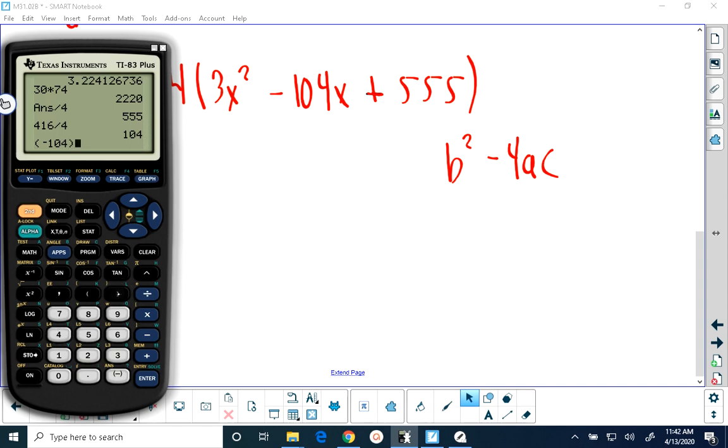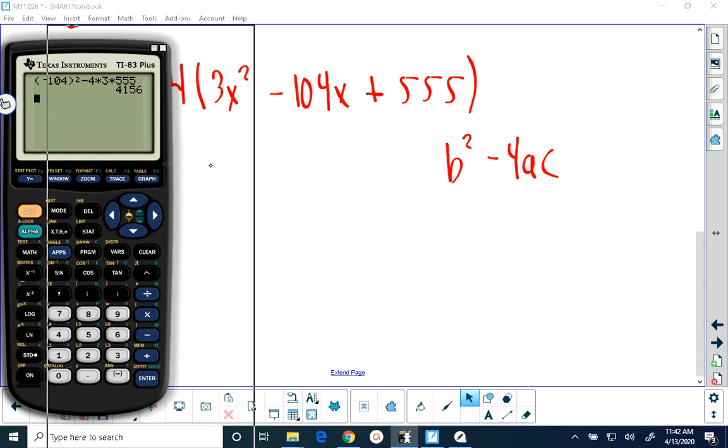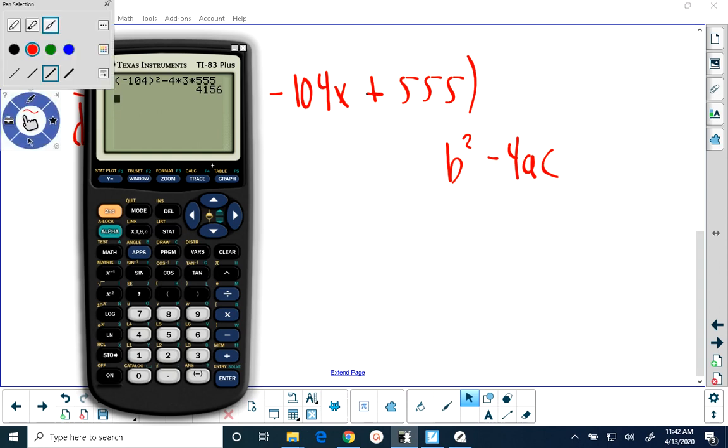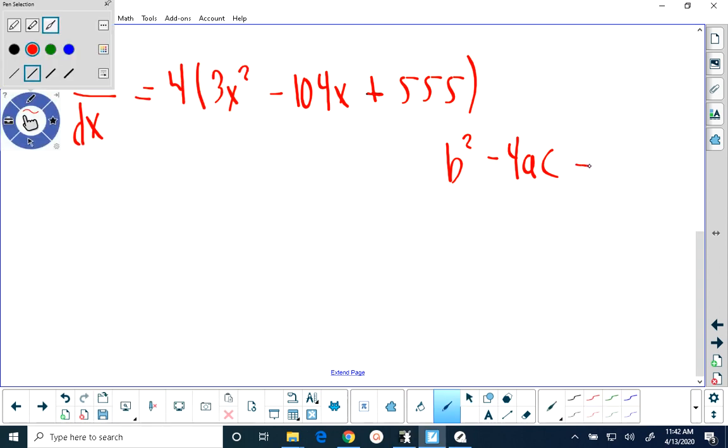If you're going to actually put the negative in and square that with the negative, make sure that you put it in brackets. Minus 4 times 3 times 555 gives me, I must have typed something wrong there. Oh, I didn't need the bracket. 4156. So b squared minus 4ac is 4,156. I'm pretty sure that's not a perfect square.